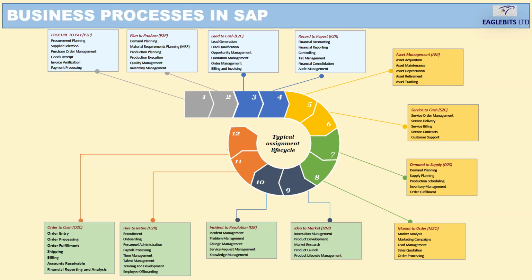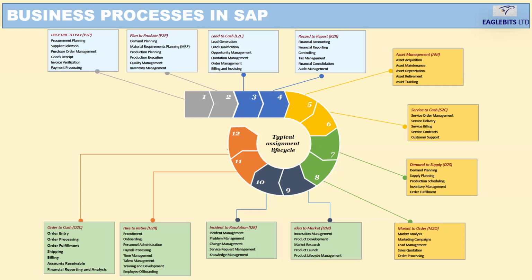There is the asset management as well, which is more of asset acquisition, asset maintenance, basically everything related to assets and finances. There is the service to cash, which has to do with you rendering a service to a customer and then your customer pays, and also customer support as well.